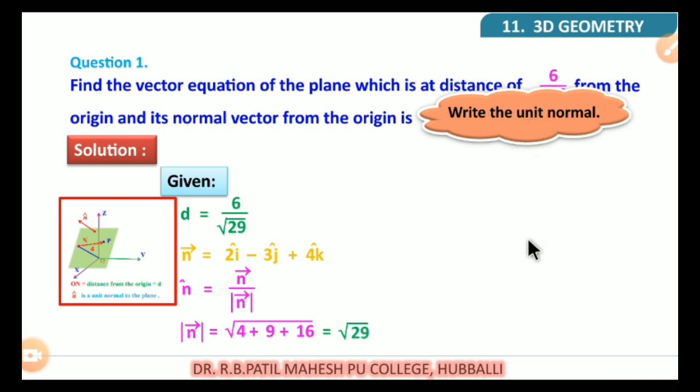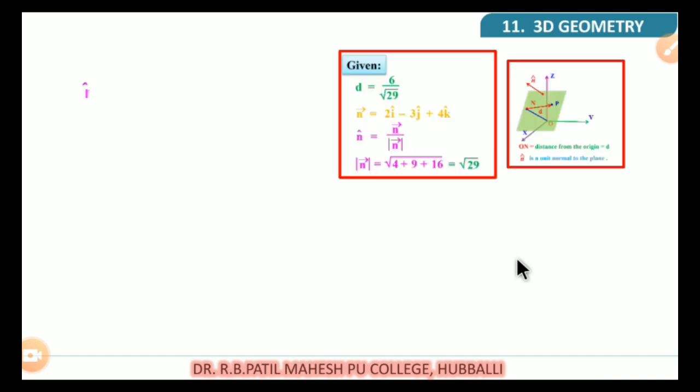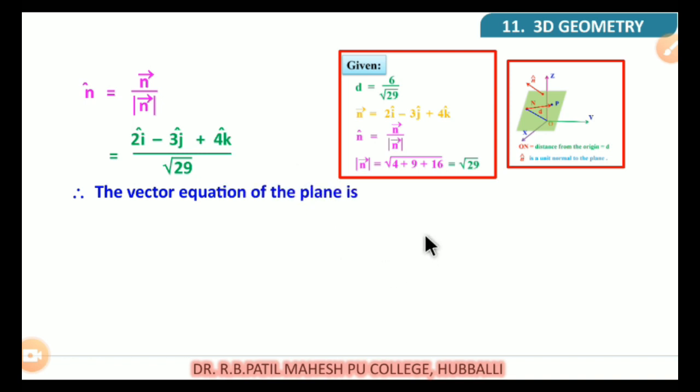Now write the unit normal. So n cap, the unit normal, is equal to n vector divided by the magnitude of n vector. So it can be written as 2i minus 3j plus 4k whole divided by square root of 29, which is the value of n cap. Therefore the vector equation of the plane is r vector dot n cap is equal to d.